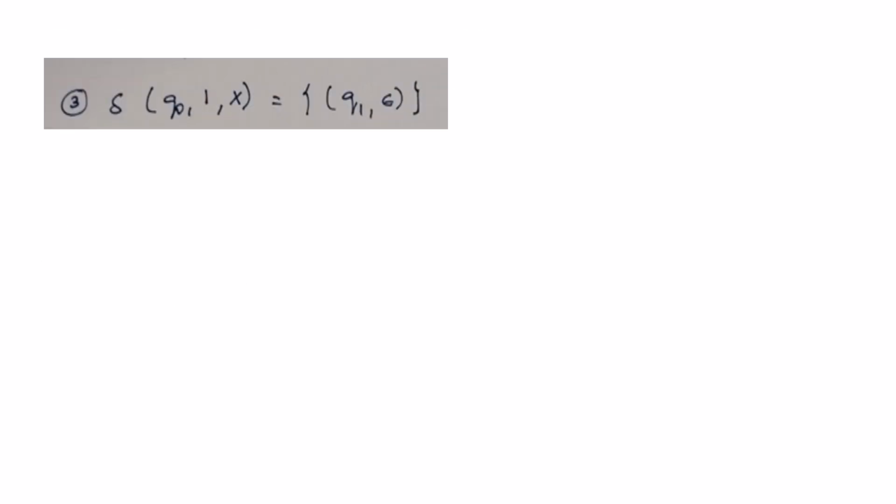So for this transition we are going to get the production Q0 X Q1 implies this input 1.